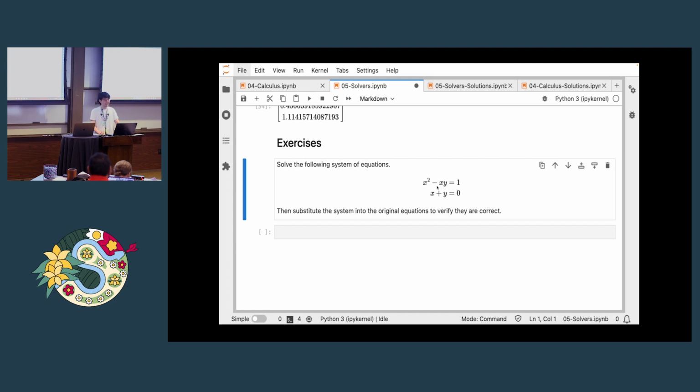SymPy is quite strict about the matrix shapes. What I mean by this is that if you perform the dot product of two vectors, which are 3 times 1 matrices, it gives a result of a 1 times 1 matrix.